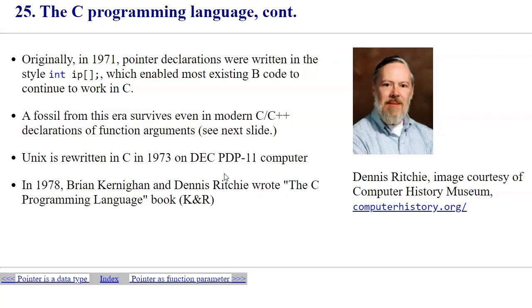Also, very important text, The C Programming Language, which is de facto standard source of information about C syntax and all of its rules, is also dating back to about this time, so it's dating back to 1978.